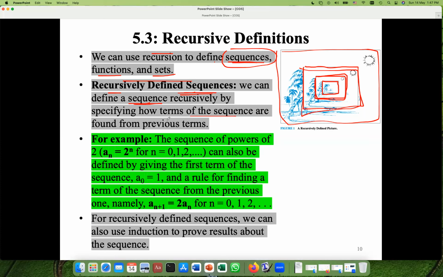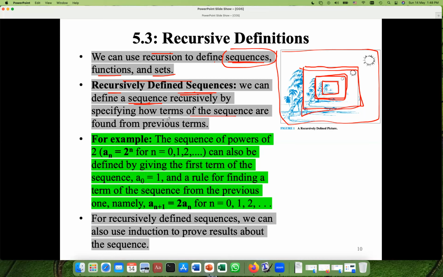If this is some sequence, you can find that whole sequence or any term in that sequence if you have the recursive formula for that sequence.